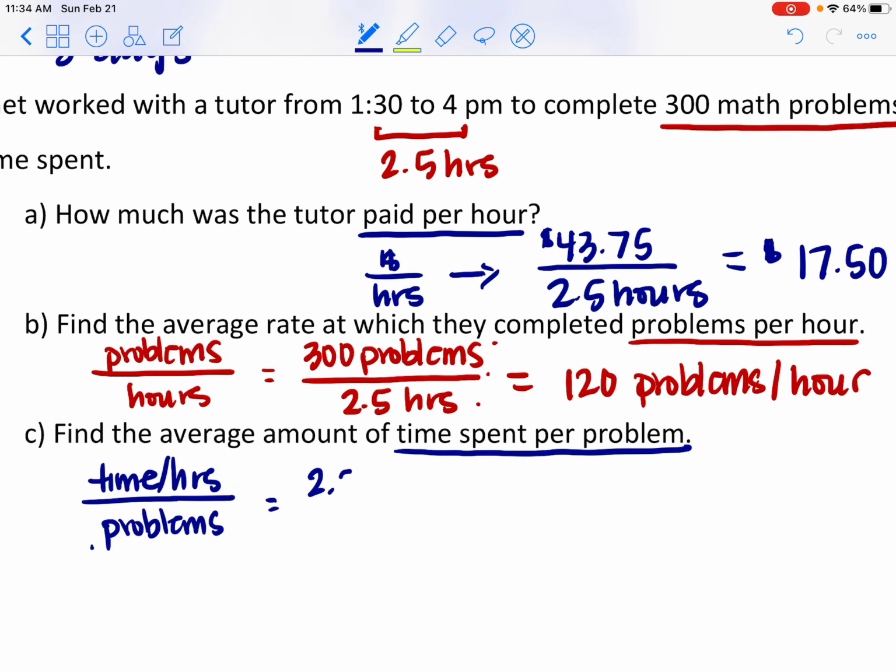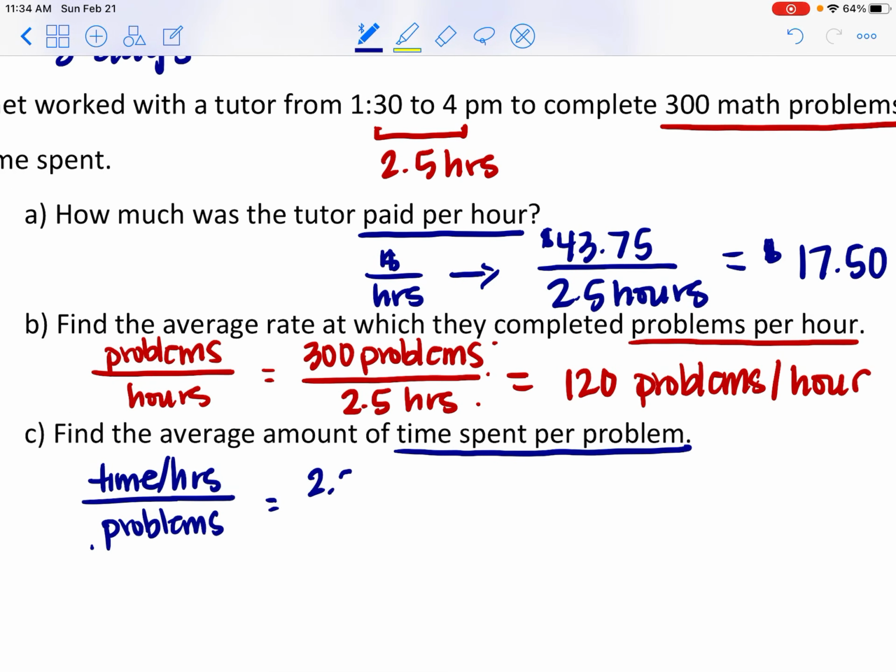Let's see if maybe using the 120 problems per hour is a little bit more useful. So in the very last problem, we said 120 problems in 1 hour. In 1 hour, there were 120 problems completed.